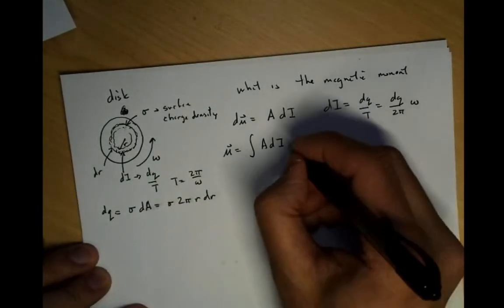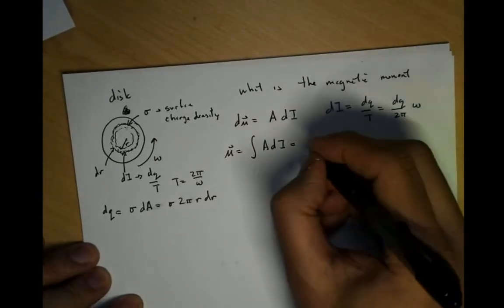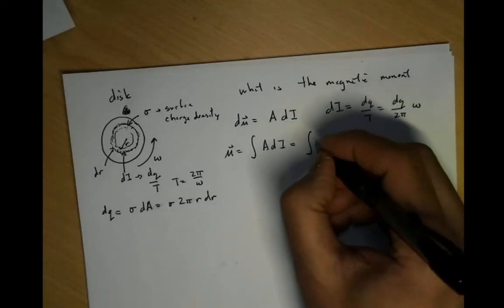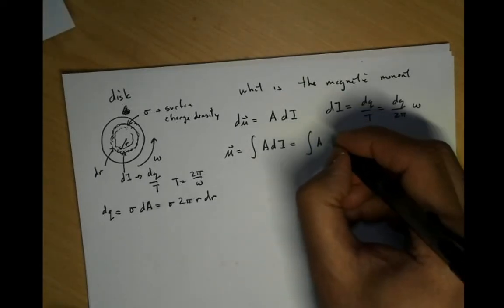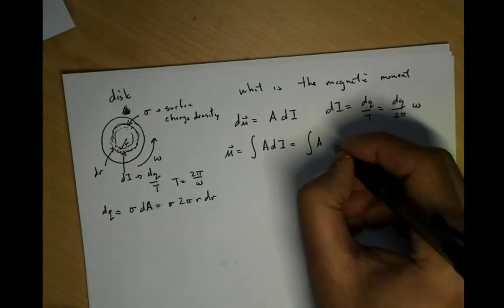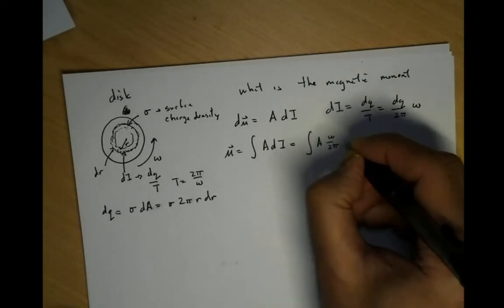Okay, so let's plug this in now. This is equal to the integral of the area times di, which is dq over 2 pi, so it's omega over 2 pi there.